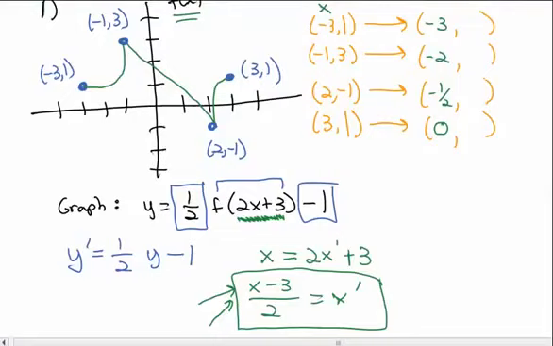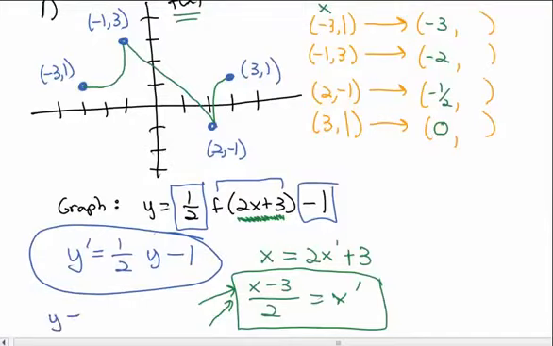Now we'll do the same thing with the y formulas. Y prime is equal to half of the y minus 1. This might be easier if I have a common denominator. The common denominator here is 2, so if I make that minus 1, 2 over 2, we're going to have y minus 2 over 2.